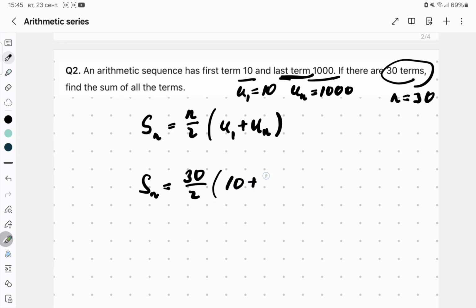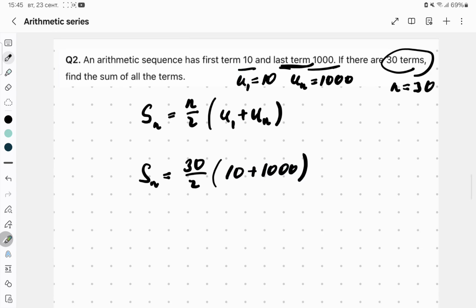And now let's plug all the numbers into our formula. So 10 plus 1000, okay. So what we can do, just 15 times 1010. Okay, you can use a calculator, it's not the matter here. The key point is to be able to find this sum.